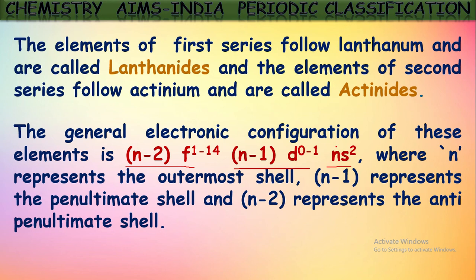Here n represents the last shell. So for these elements, the last shell s subshell is being filled, the last but one shell, that is the penultimate shell, d subshell is being filled, and the f subshell of the anti-penultimate shell, that is the last but two shell. These three subshells are being filled for these f block elements. Here n represents the outermost shell or last shell, n minus 1 represents the last but one shell, and n minus 2 represents the last but two shell.